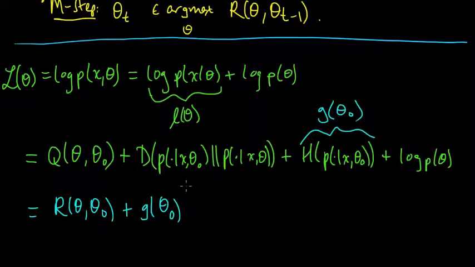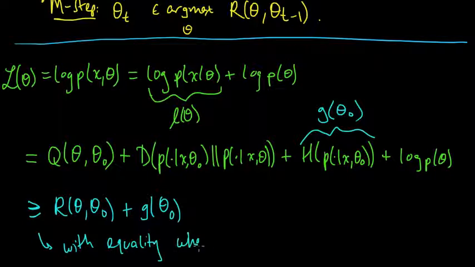And the relative entropy is always non-negative, so this is greater or equal to this, with equality when theta equals theta 0, because when the two distributions are the same, the relative entropy is 0.